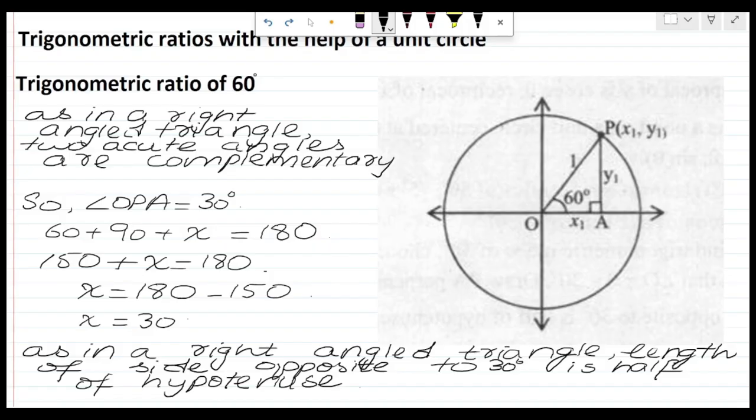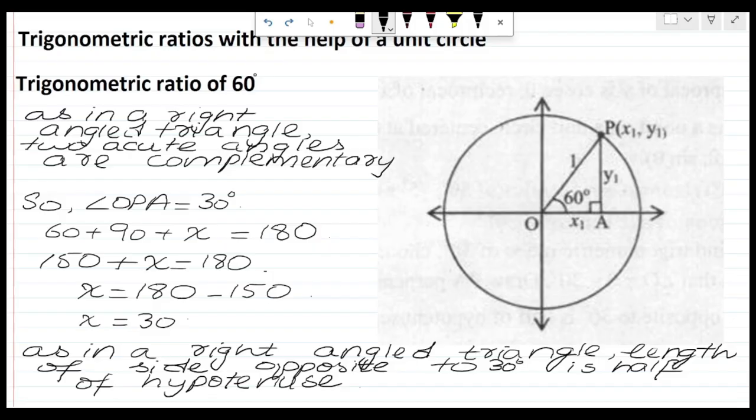We will choose a point P with coordinates x and y on a unit circle in standard position, such that the angle theta is equal to 60 degrees. Then we will draw a perpendicular PA to the x-axis.